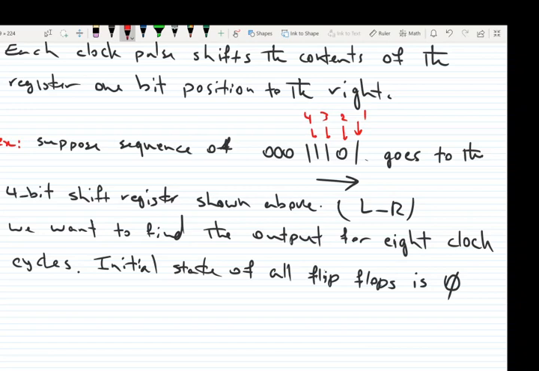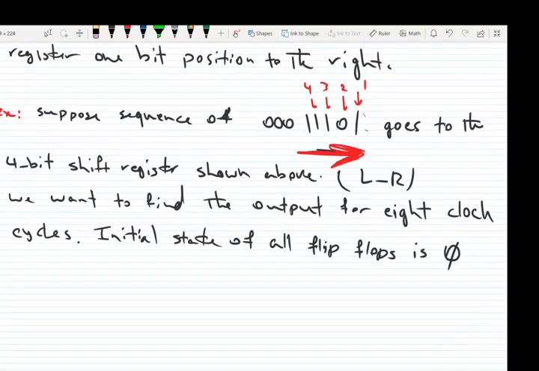So the bit that enters the shift register first is shown by the arrow. In fact, the arrow shows the direction of the data that enters the flip-flop. The same thing for the output. So this arrow shows the direction of the data which is applied to a device.